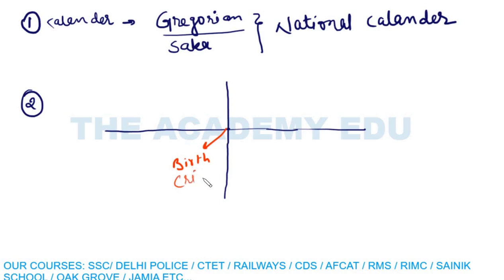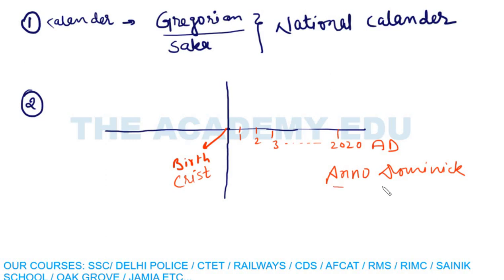From this point, if we take, this is 1, this is 2, this is 3. Similarly, we are here in 2020. So this is called AD. AD stands for Anno Domini.